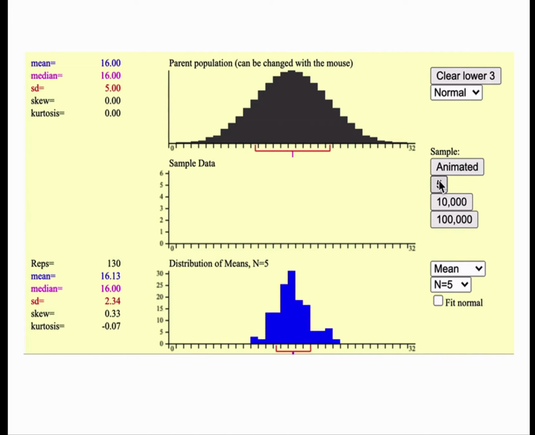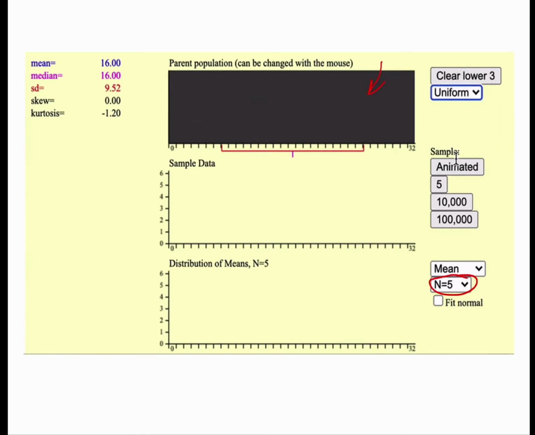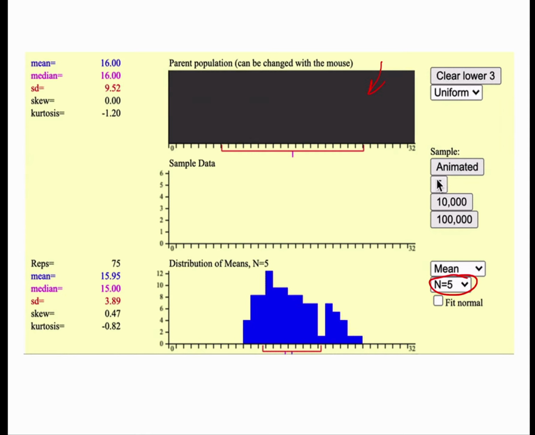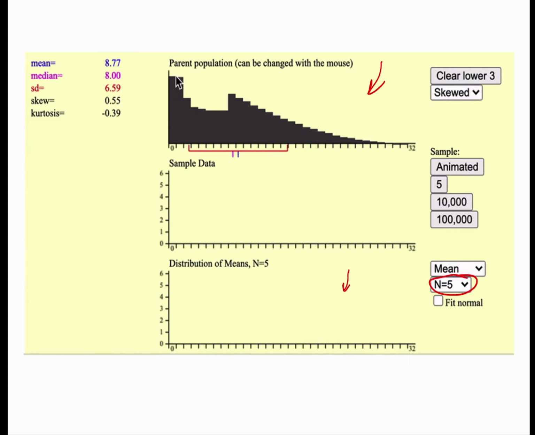So here, this is taking samples from a normal population. The parent population is normal. I'm taking samples of n equals 5, and my sampling distribution was looking pretty normal. Here, I change the population to a uniform distribution, and I still get a largely pretty normal sampling distribution.